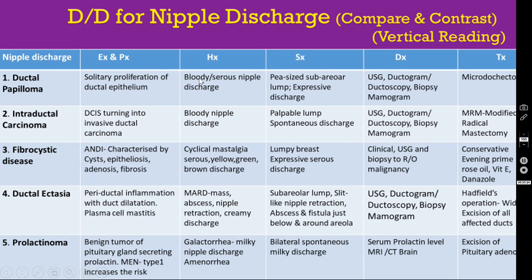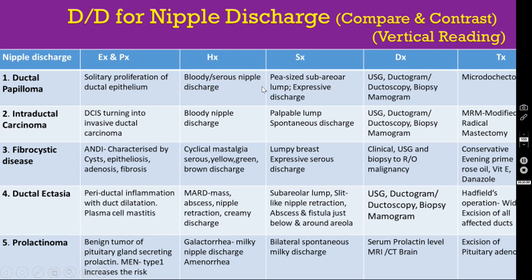So if the patient is having bloody nipple discharge which is coming from a single duct, it is a case of ductal papilloma. Whereas if it is coming from multiple ducts, usually it is intraductal carcinoma. These are the characteristic features that you have to develop, that knowledge, that experience. Then you can make diagnosis very easy.